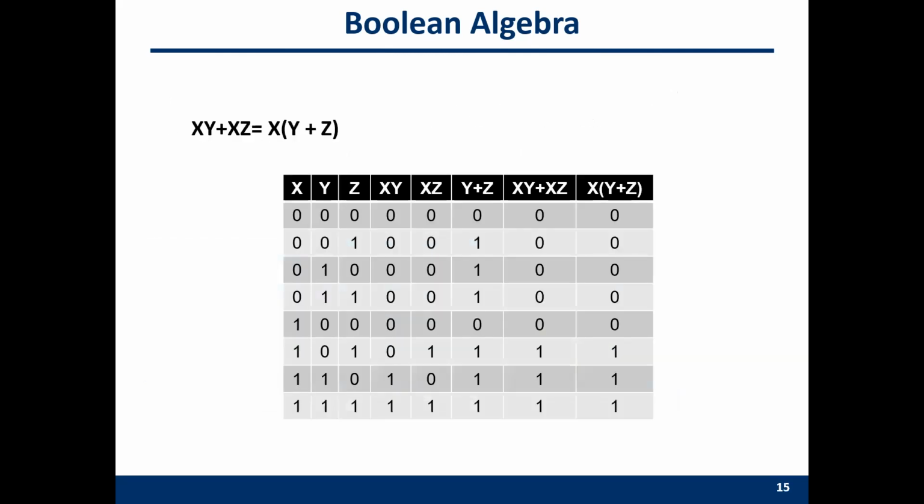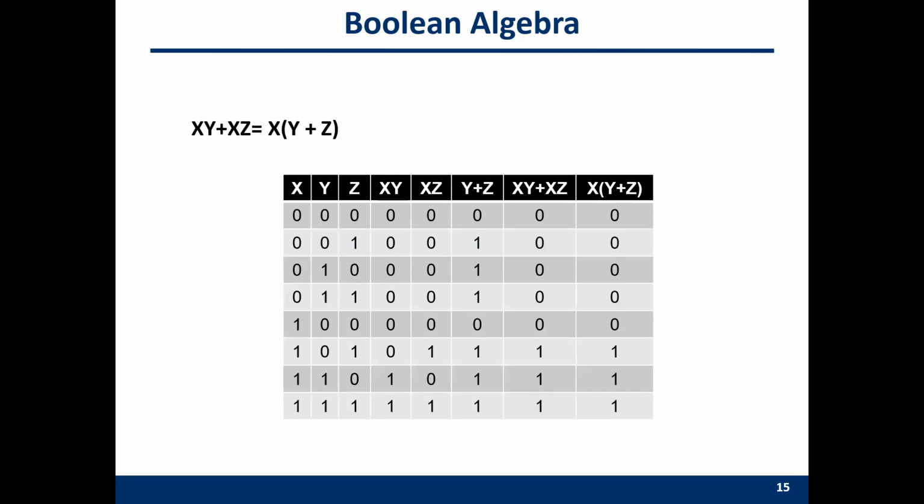For example, here is one example. Because we have x, y, z, 3 variables, the truth table should have 8 rows, 2 to the power of 3. We just write all the possibilities for x, y, and z here.